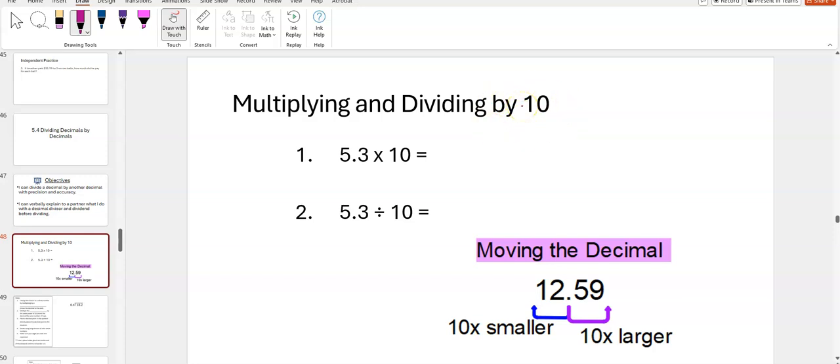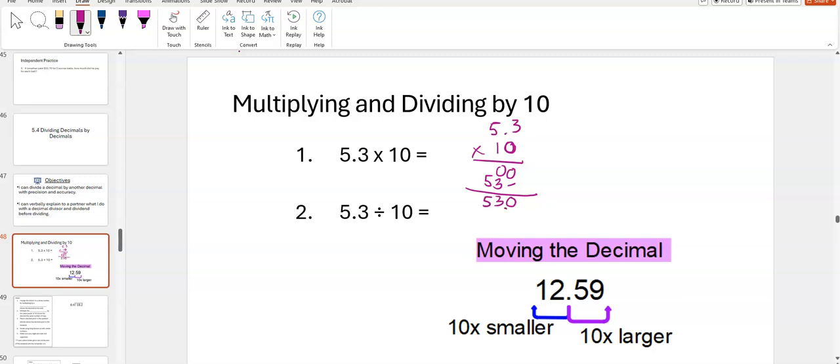We need to know this information when we are dividing decimals. As a reminder, whenever you are multiplying or dividing a decimal by 10, or really any power of 10, a nice quick way is just to move the decimal left or right. If I set up 5.3 times 10 and multiply it out, that 10, the 0 and the 1, is really just shifting everything over, and then my decimal point goes here.